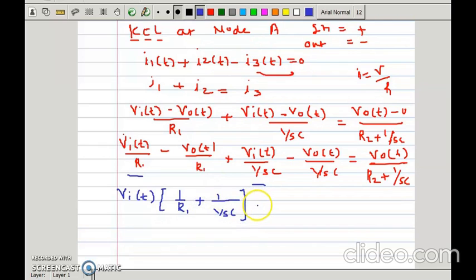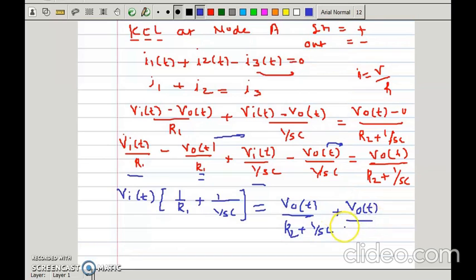Let's take Vo common. First of all, this Vo term we shift towards the RHS side. Both are minus, so it becomes plus. So Vo(t) divided by R2 plus 1/SC, plus Vo(t) divided by R1, plus Vo(t) divided by 1/SC.